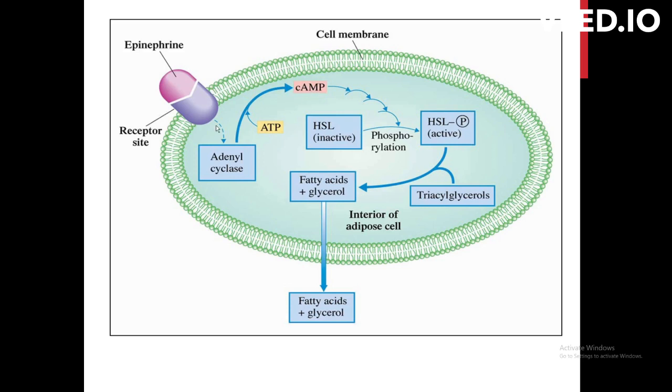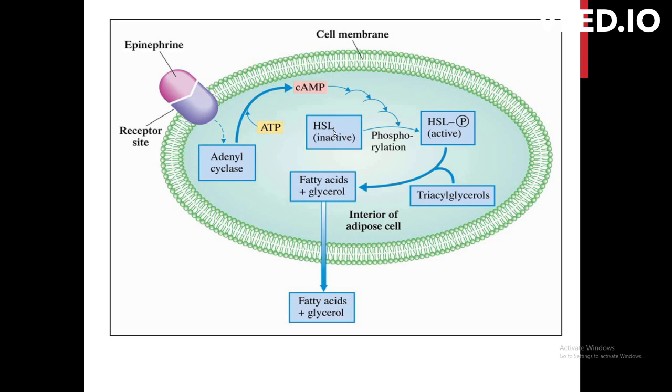So it's attached and adenyl cyclase triggers the cAMP with the help of adenosine triphosphate. The cAMP triggers the hormone-sensitive lipase, which is HSL.